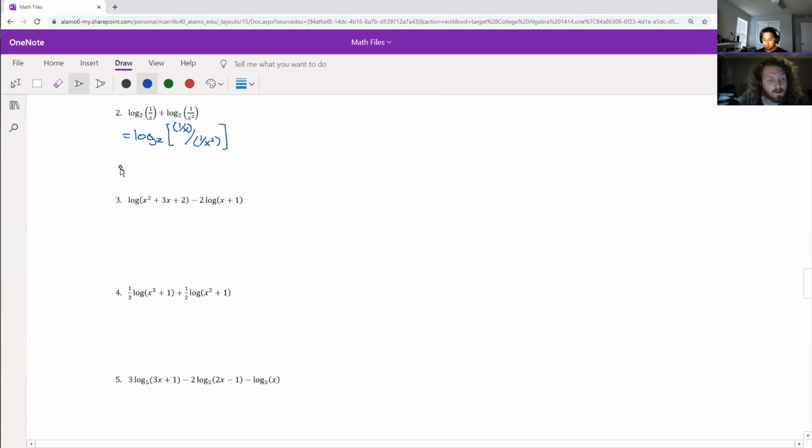As side work, we have 1 over x divided by 1 over x squared. This is equal to 1 over x times x squared over 1. This cancels, this goes to 1. So we are left with x over 1, which is just x.